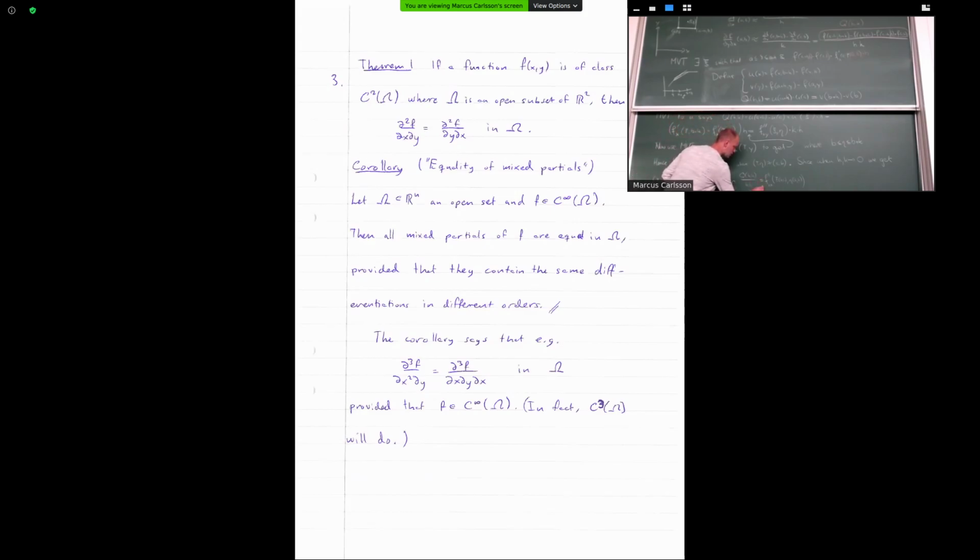I always forget this. Here I should write limit still, right? Limit h and k go to 0, should stick in there. So psi and eta, they go to A and B when this goes to 0. So the limit here is just equal to the mixed partial derivative. Sorry, here should be a y, and there should be a y.